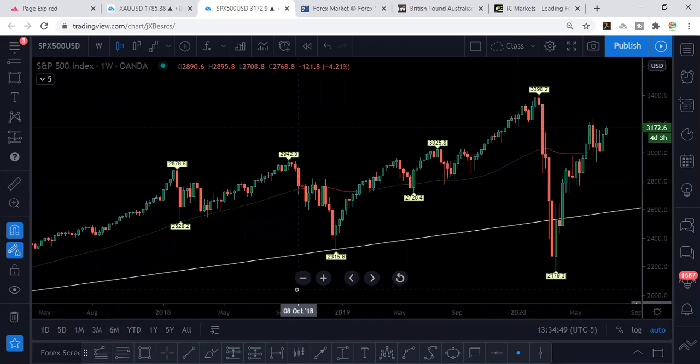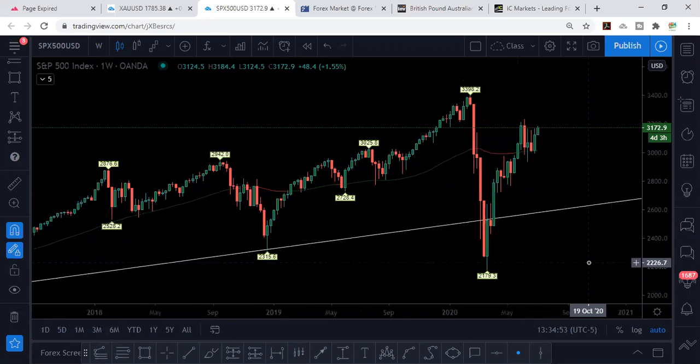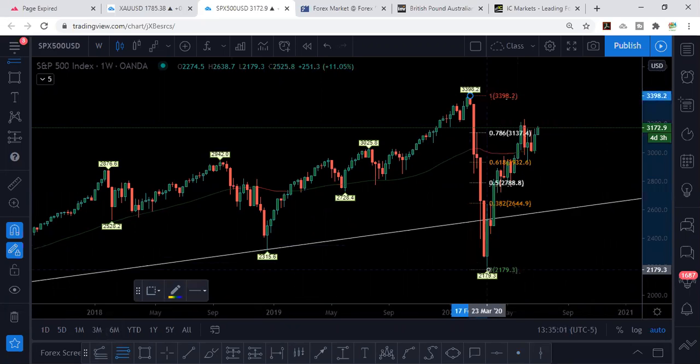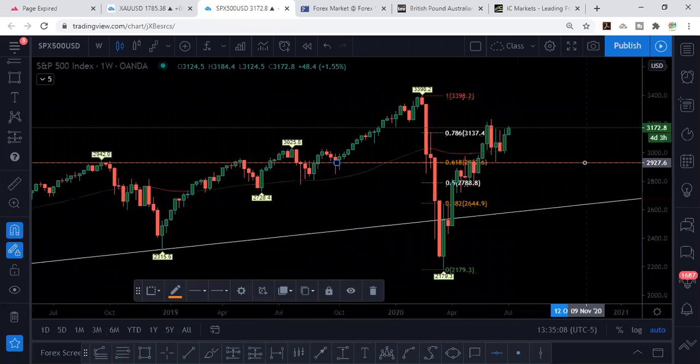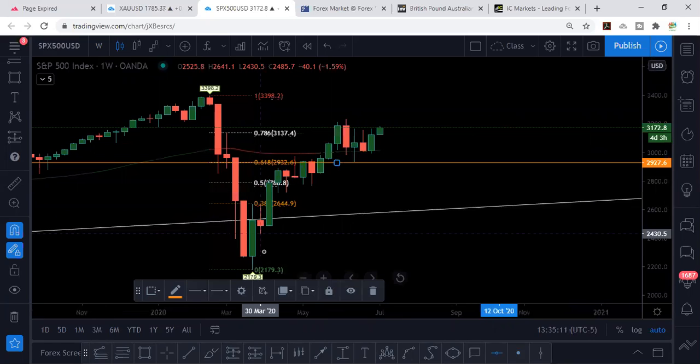On a weekly, I have that as my pretty cool. Even real quickly, by this particular swing high to swing low, I have a golden ratio here at 2932.6.